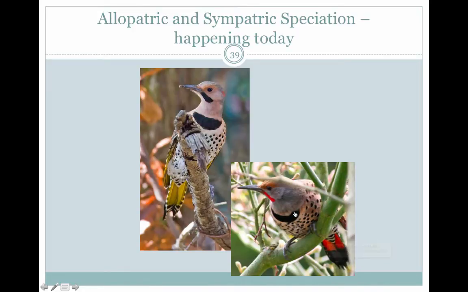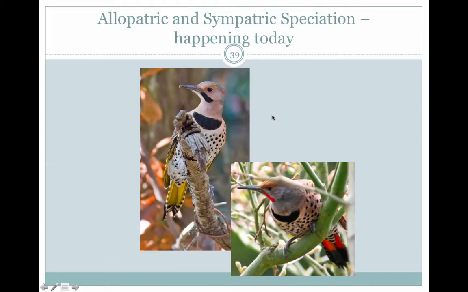Red-shafted northern flickers, ladies of this variety, only like to mate with the dudes who have a red mustache. These guys were initially separated by development that occurred. One is an East Coast bird, one is a West Coast bird, and all of the development that occurred in the middle of the country really kept them away from each other.